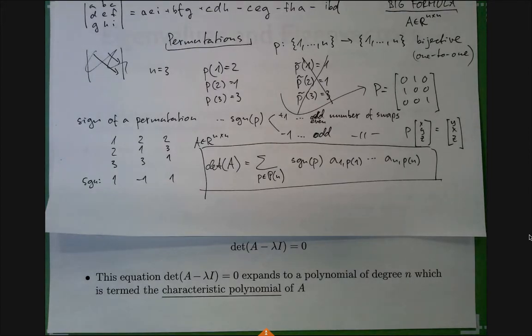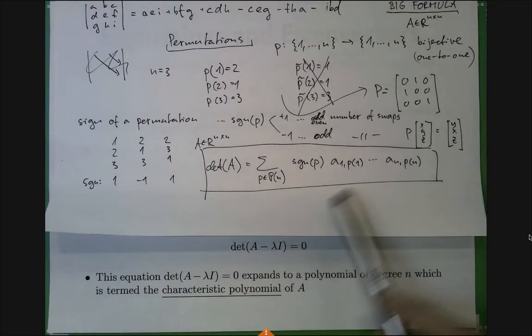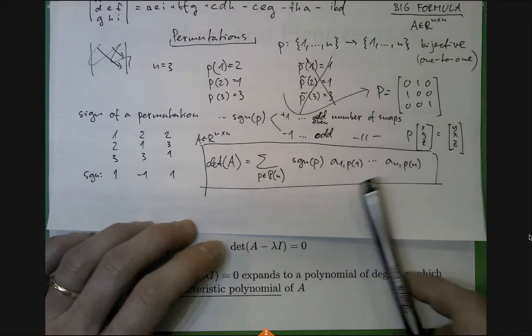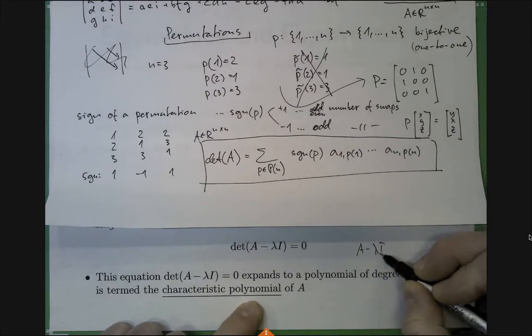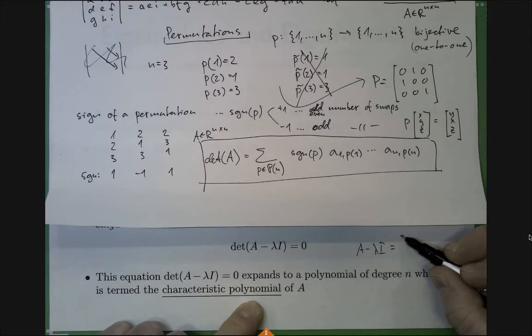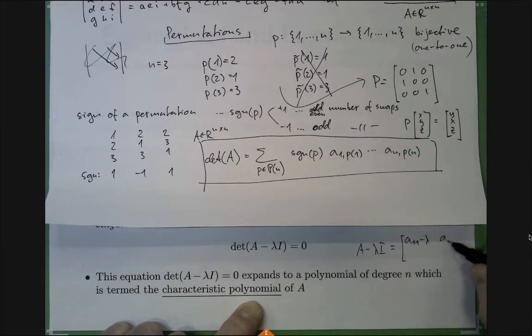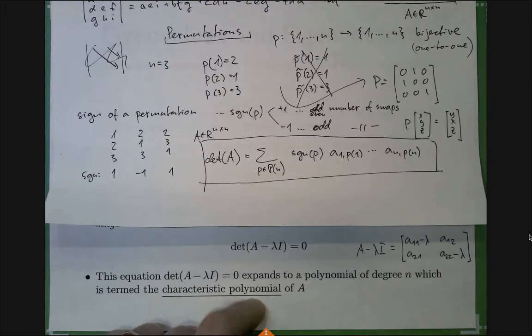Okay. The matrix is known. These a's, the elements of the matrix, that's what we know. Okay. And the matrix A minus lambda I looks like this. Let me just write it in the 2 by 2 case, for example: a11 minus lambda, a12, a21, a22 minus lambda. Okay?